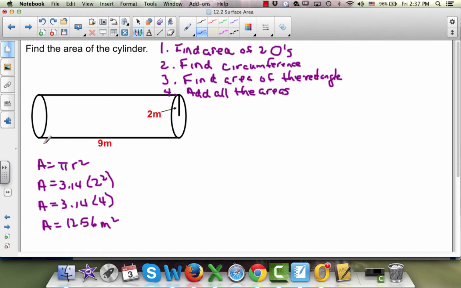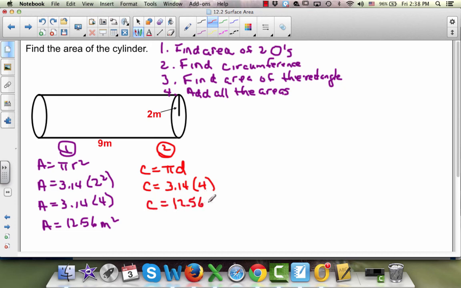Then it says find the circumference of one of the circles. Circumference equals pi d. So circumference is equal to 3.14 times d. The radius is 2, so the diameter would be 4. So circumference is equal to 12.56 as well. But this is just meters.